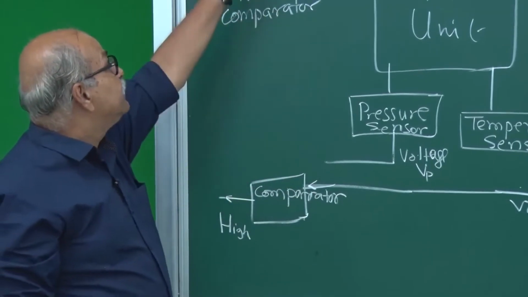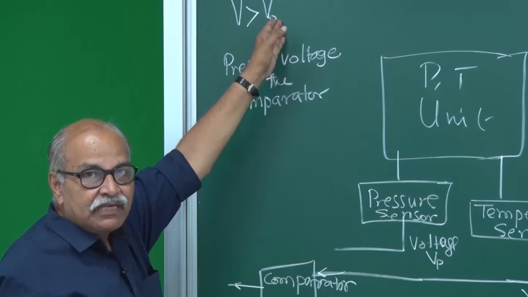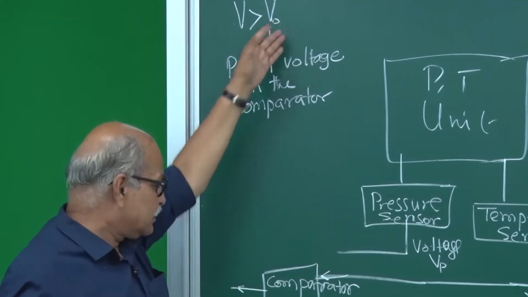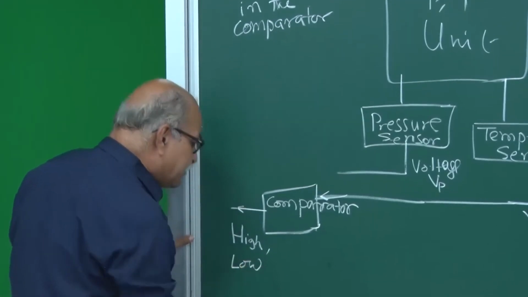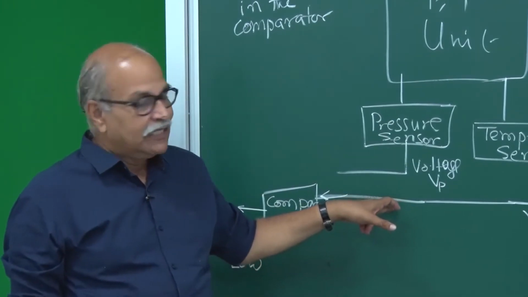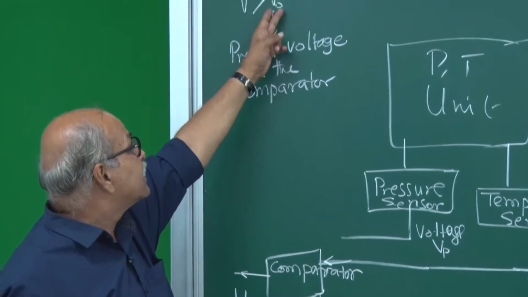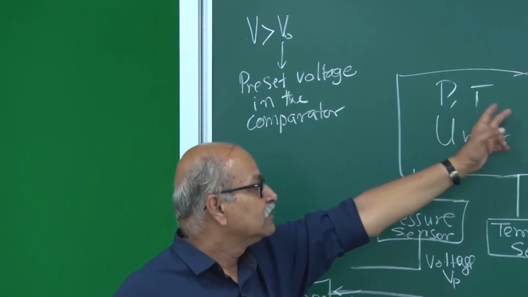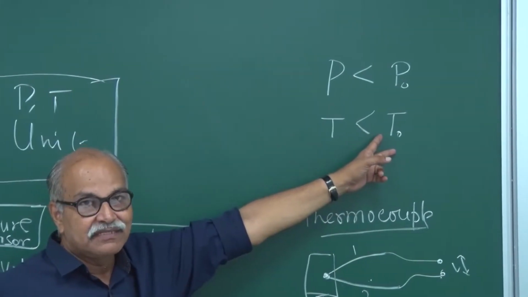And if this V is less than V naught, then it will give me a low voltage, a 0 voltage or some 0.1, 0.2 volts. So, that is low. So, it can give me high, it can give me low, depending on how much this voltage is. If it is more than this V naught, and this V naught I can set corresponding to that limit T naught. Suppose 370 degrees Celsius.